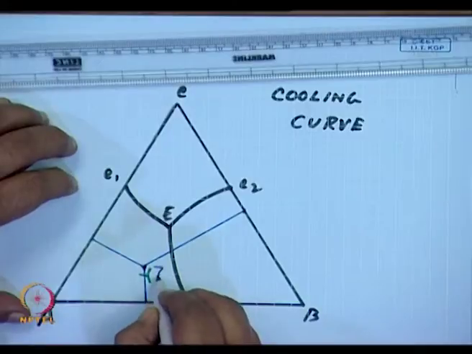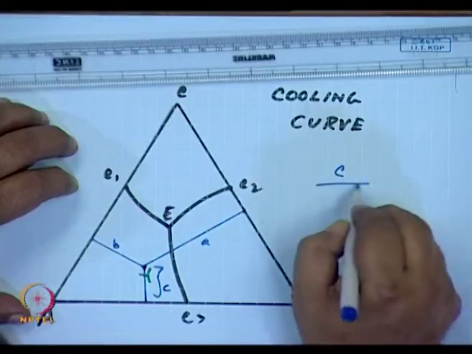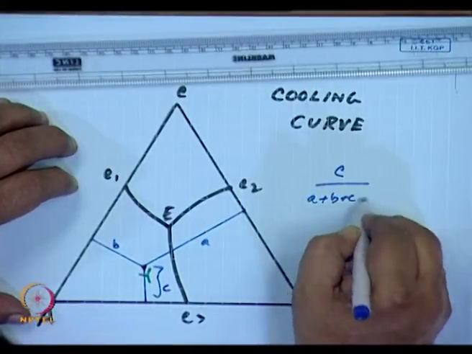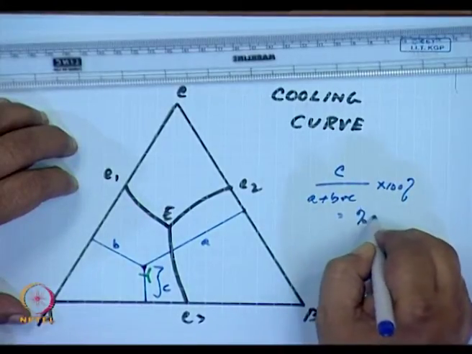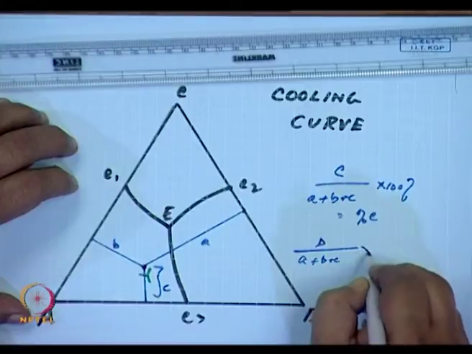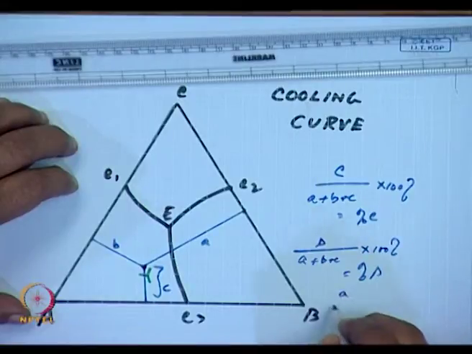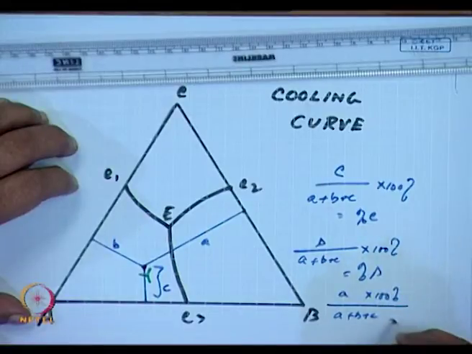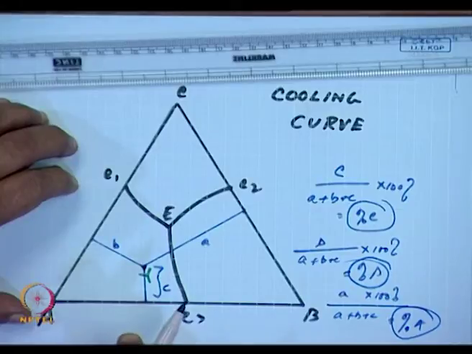So this length, let us say C, this is B, this is A. So C by A plus B plus C multiplied by 100% gives the percentage of C. Similarly, B by A plus B plus C multiplied by 100% is percentage of B, and similarly A divided by A plus B plus C multiplied by 100% is percentage A. So I have taken a solid which has got this much amount of C, this much amount of B, and this much amount of A.